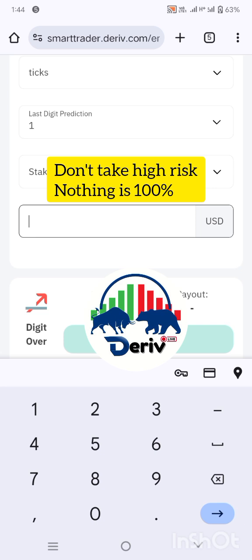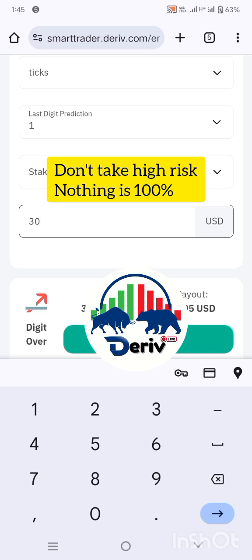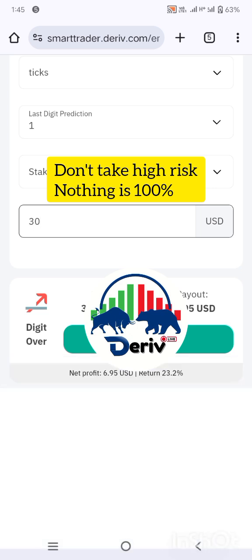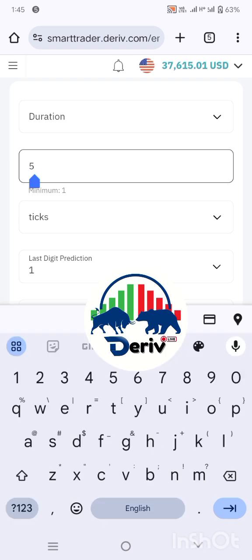So 300 divided by 10, I'm going to take a trade with $60. The duration will be 1.